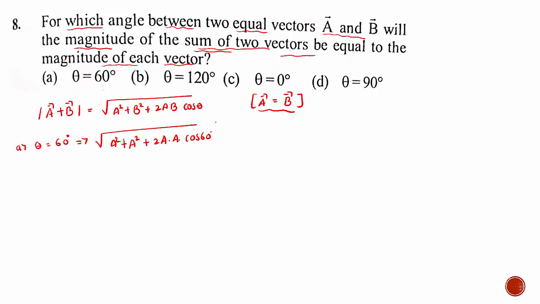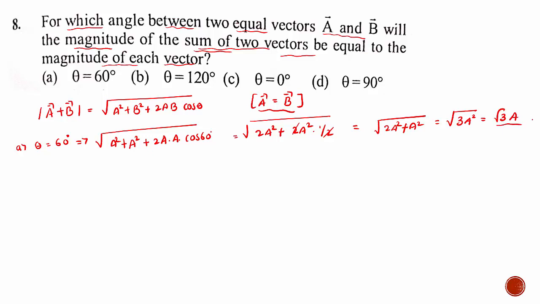So substitute the value. We will get square root of A square plus A square is 2A square, plus 2 into A into A is A square, cos 60 is 1 by 2. Here 2 will get cancelled, so we get 2A square plus A square, that is 3A square, or we can write root 3 into A. So you can observe the answer.